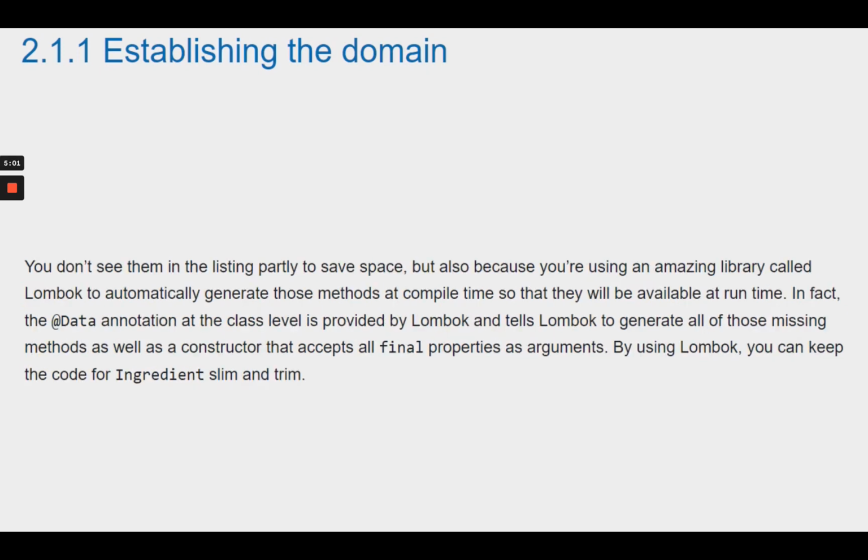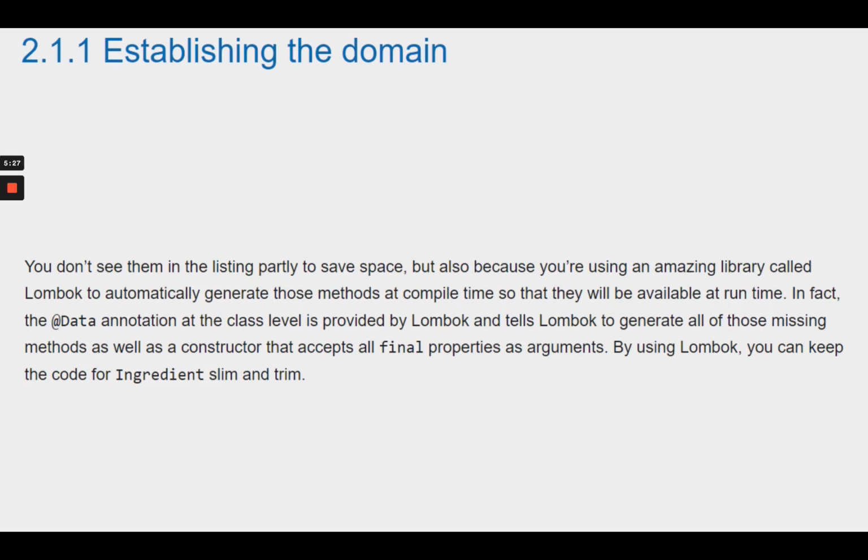You don't see them in the listing partly to save space, but also because you're using an amazing library called Lombok to automatically generate those methods at compile time, so that they will be available at runtime. In fact, the @Data annotation at the class level is provided by Lombok, and tells Lombok to generate all of those missing methods, as well as a constructor that accepts all final properties as arguments.